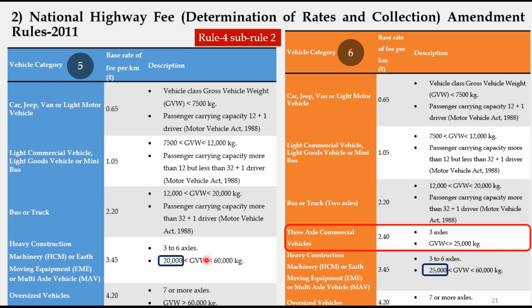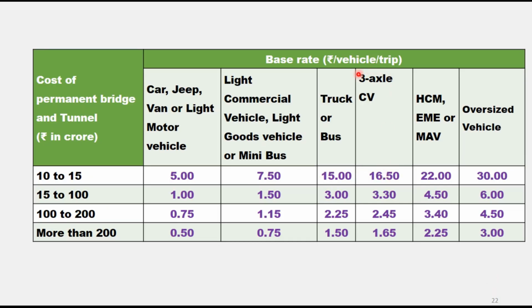Accordingly, the load limit of this category of vehicle was revised from 20,000 to 60,000 kg to 25,000 to 60,000 kg. Base rate for this 3 axle vehicle category was introduced in this table under this amendment rule.